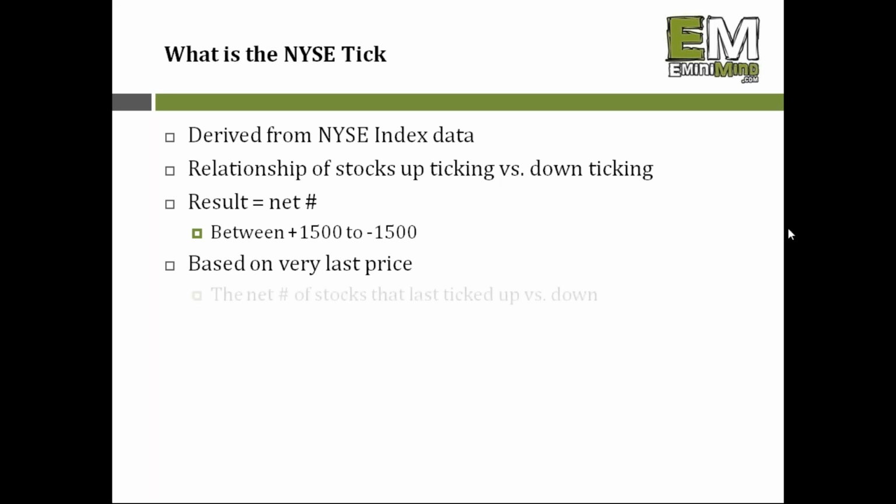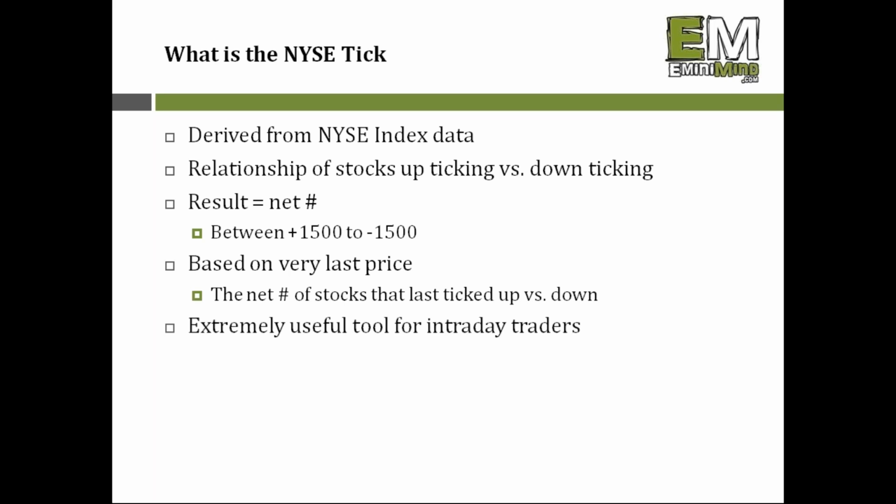And so with that information, we can look for opportunities intraday that correspond with the ES moving up or down. You could also use the YM. There are a few other versions of the tick, NYSE, NASDAQ, but those are the main two.